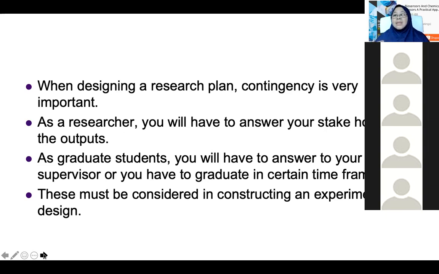Let's say you choose method A, and you check everything is there. You have all the required instruments, you have the oven, all the things in the lab that you need are there, so it's fine. But what if it is not there? So it's a contingency plan, plan B.